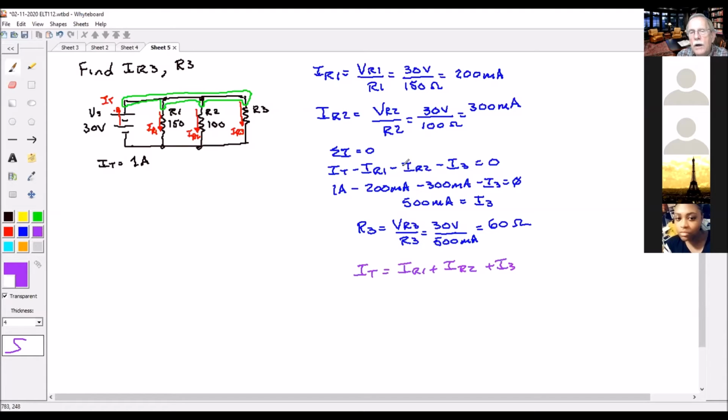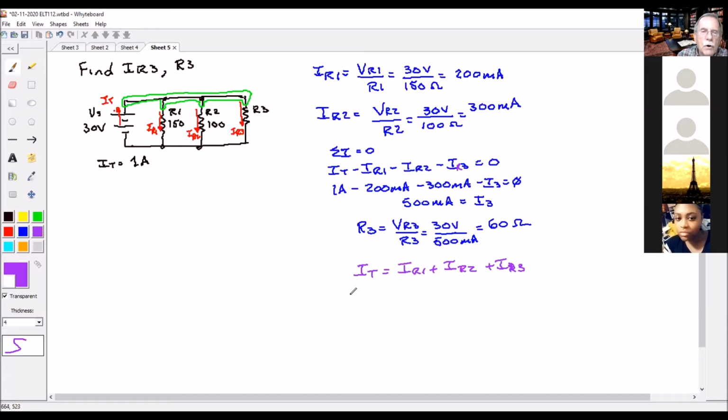If I added IR2 to both sides, I'd end up with a plus IR2 on the other side. If I added I sub R3 to both sides, I'd end up with this form. So this form is nothing more than if I took these and just moved them to the other side.